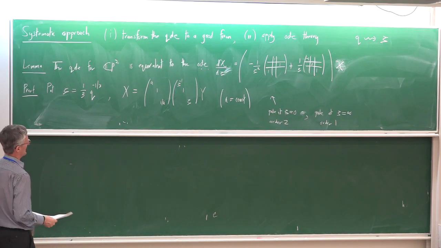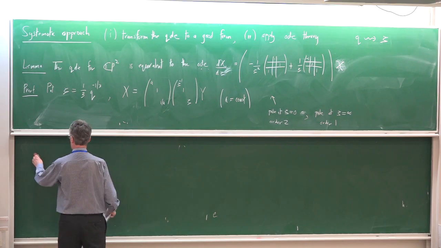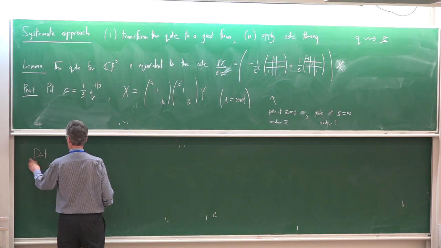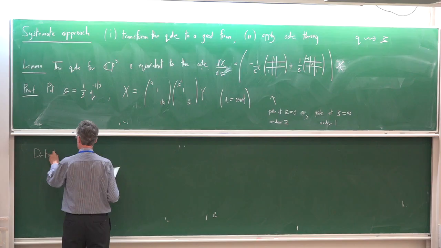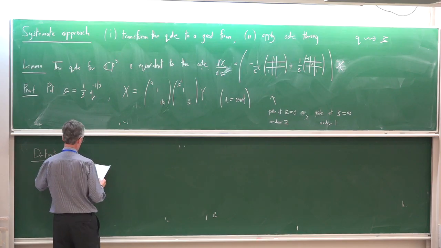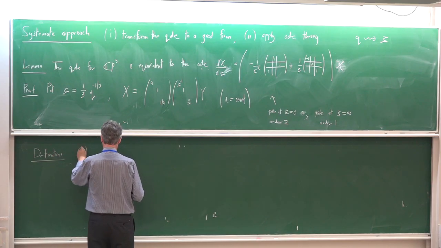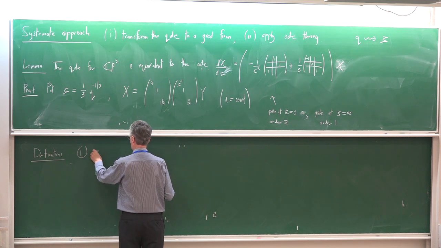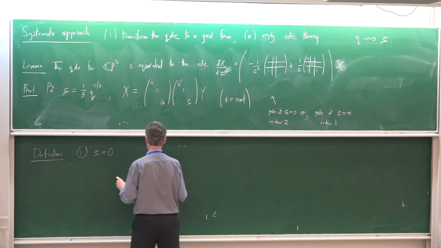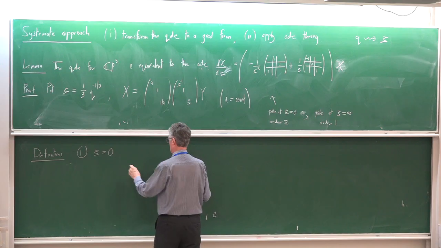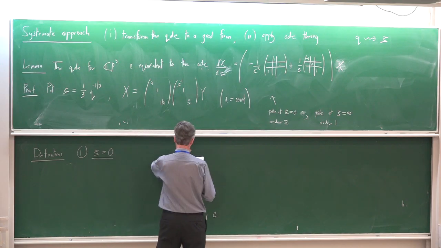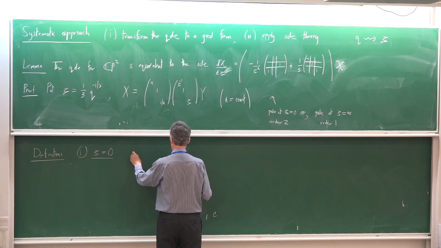And then the general theory, what does the general theory say? So let me make some definitions. Okay, well, what happens at 0, what happens at infinity, what happens in between? So first of all, what happens at 0? So I'm going to choose some sectors.